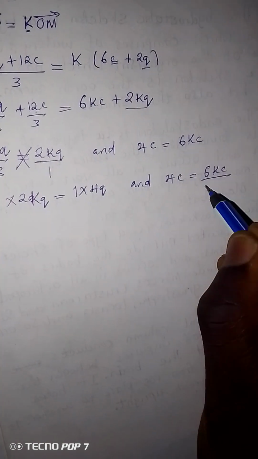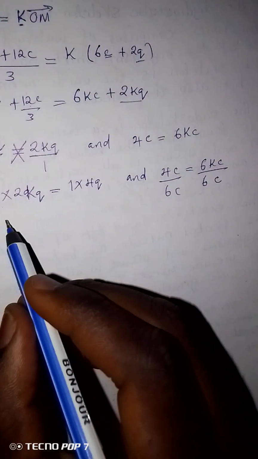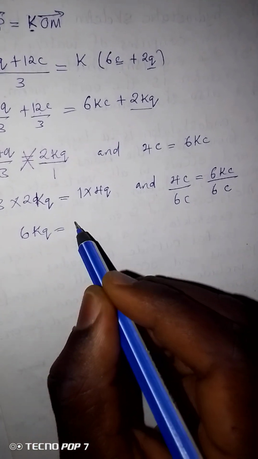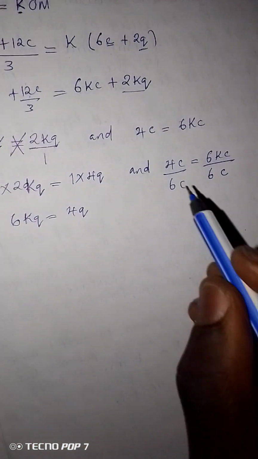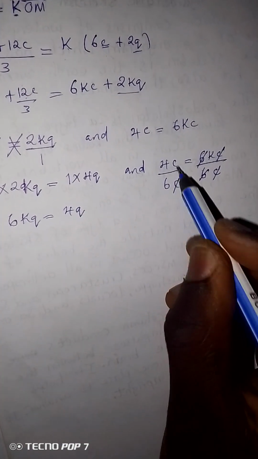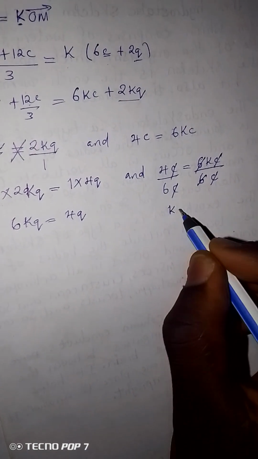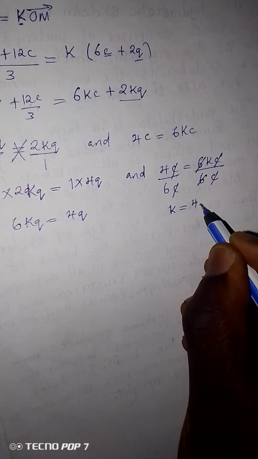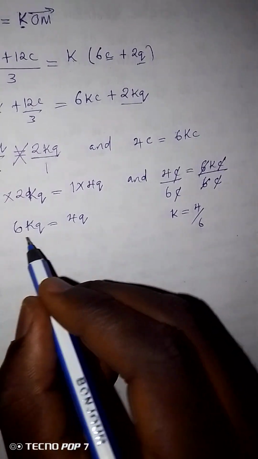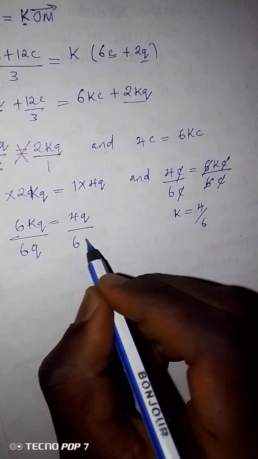So you divide both sides by what? 6c in order to remain with k. Here to be 6kq is equal to 4q. Then you cancel this one like this. So this side, k is what? It's equal to 4 over 6. Here also, in order to find k, you divide both sides by 6q.